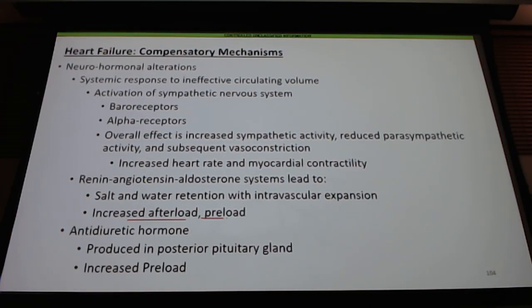And then also the antidiuretic hormone is released from the pituitary gland, and that causes you to retain water, so that increases your volume, which then again in a volume overload state where you have excessive preload, that's going to make the heart failure worse.